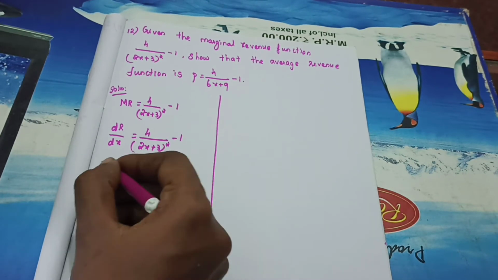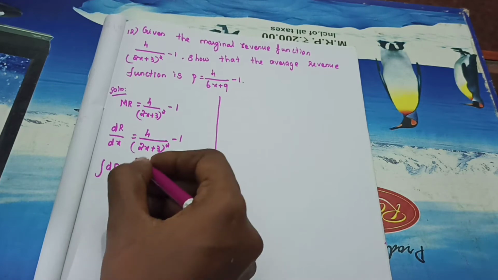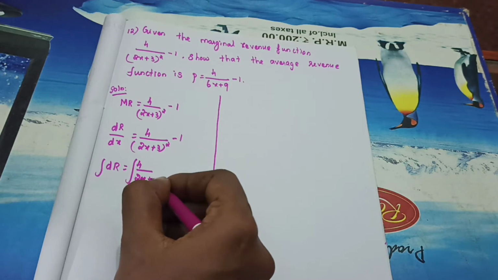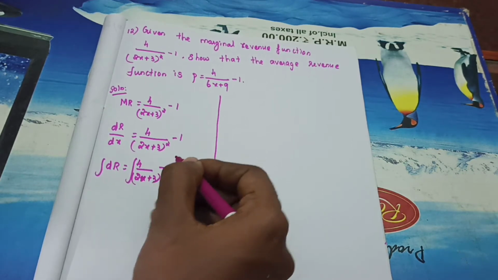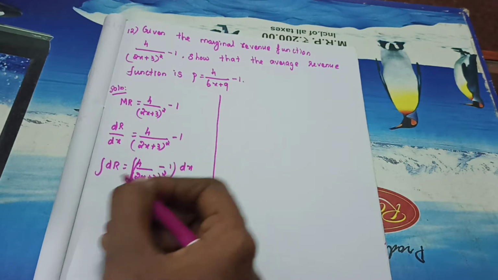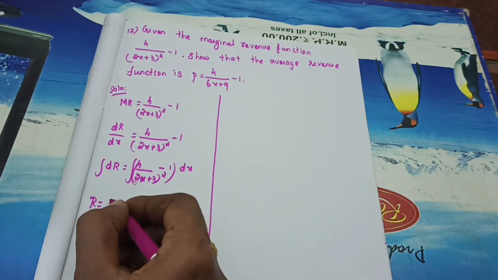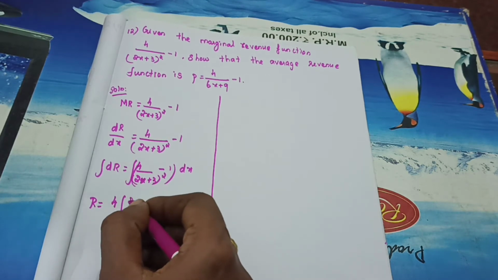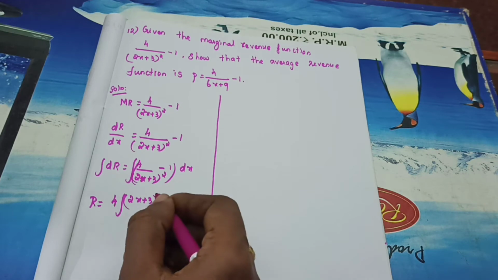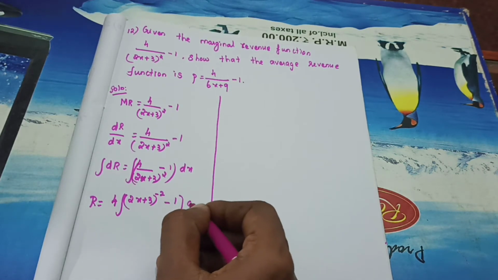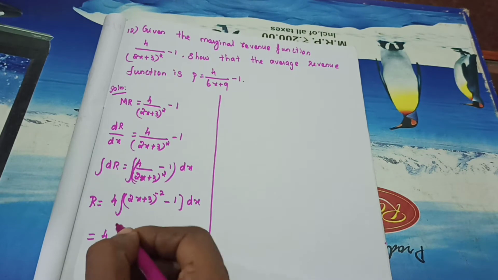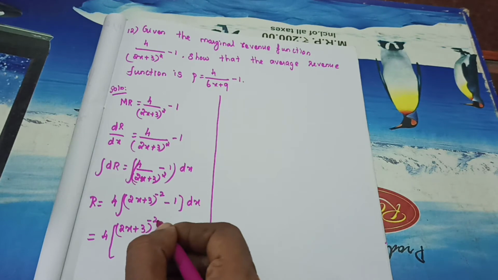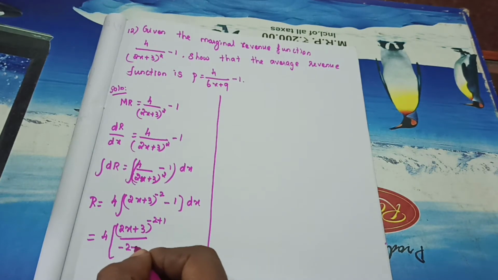So you can integrate it. That is integration of dR equal to 4 by 2x plus 3 the whole square minus 1 dx. Okay, then integrate it. That is R is equal to 4, which is a constant. Keep it in mind. You can bring this to the numerator. That is 2x plus 3 the whole power minus 2 minus 1 dx. That's equal to 4 into 2x plus 3 the whole power minus 2 plus 1 divided by minus 2 plus 1.